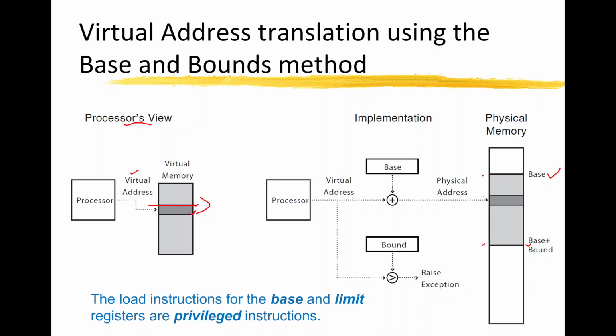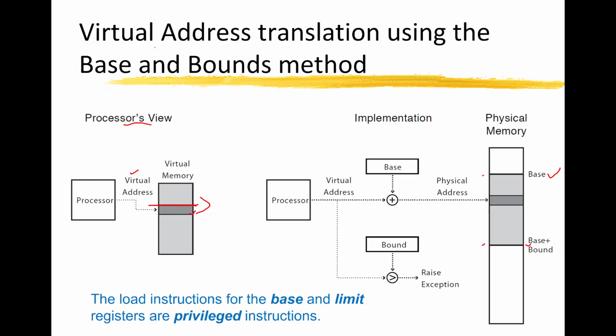If it starts at the base and counts down, and the bound or the limit, as it was called before, is beyond the range of that memory location, then there's going to be an error.